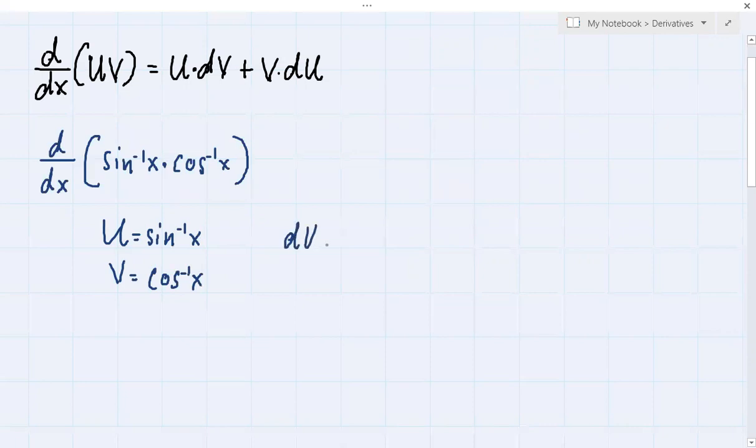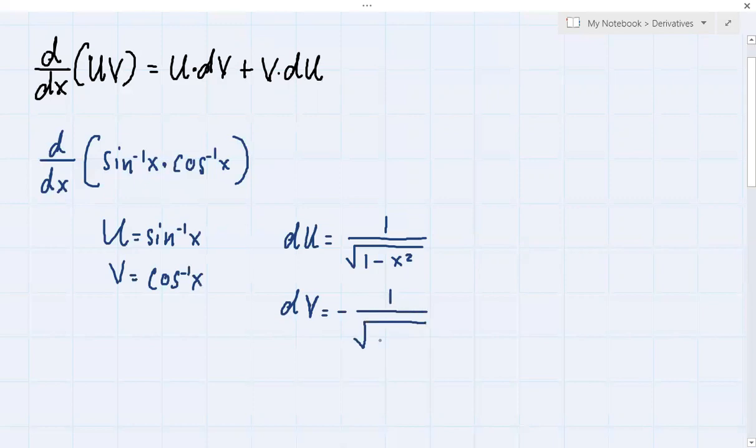So let's get their derivatives. Kunin natin derivative ng u or derivative ng arc sine. So, recall that the derivative of arc sine is 1 all over the square root of 1 minus x squared. And kunin natin yung derivative ng v or derivative ng arc cosine, which is negative 1 all over the square root of 1 minus x squared.